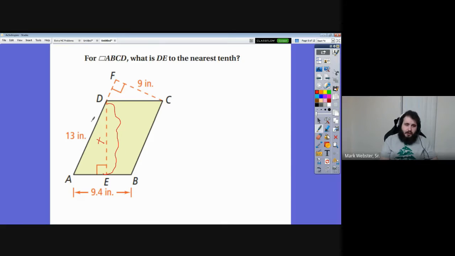Well, I can use the base over here and the height over here. Remember, it doesn't matter which one we use, but we have to pick 2 measurements that are a right angle to each other. So it can be like, all right, well, this side is 13, this side is 9. Let's figure out the area.